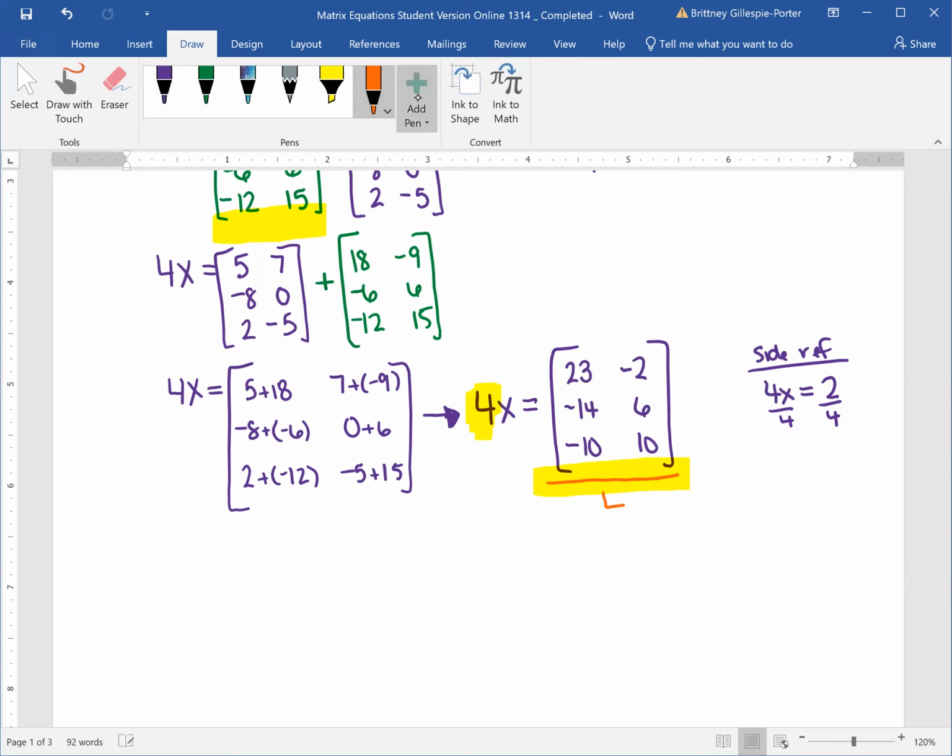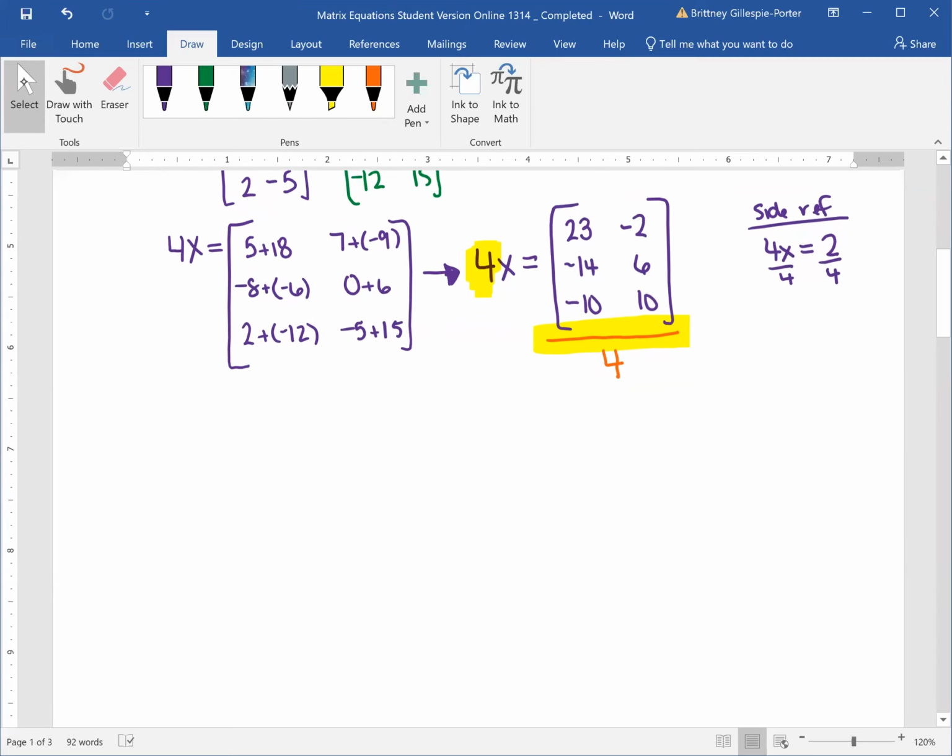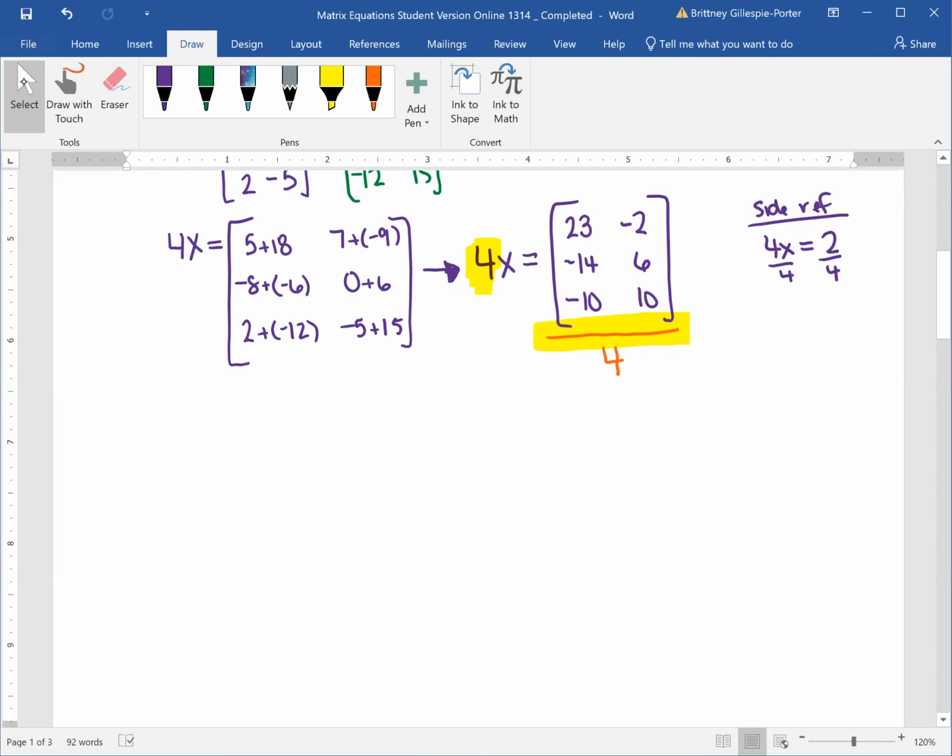Are we dividing everything by 4? Technically, no, we don't have division with matrices. We're going to be multiplying by 1/4. But remember, multiplying by 1/4 is dividing by 4 when we're just working with the numbers themselves.